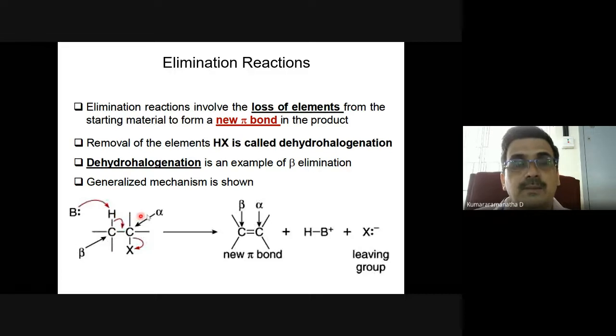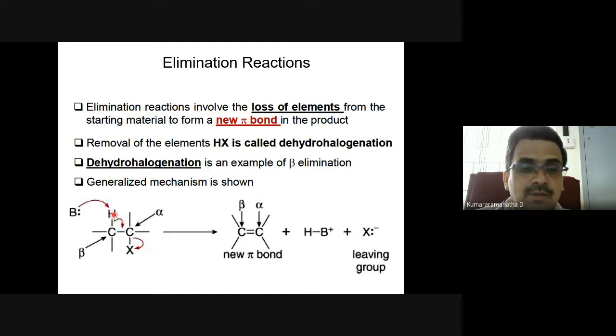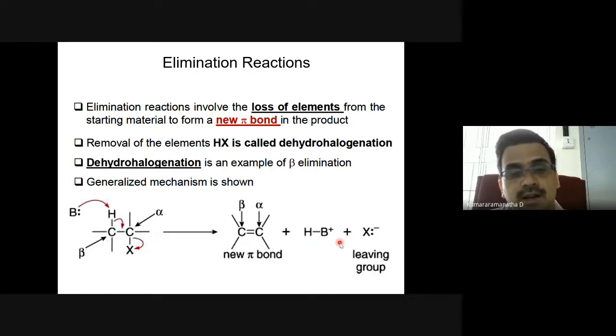So in beta dehydrohalogenation, what happens? You see, by beta elimination, hydrogen from this and halogen from this will be lost to form a double bond, and you get the corresponding alkene along with hydrogen halide.